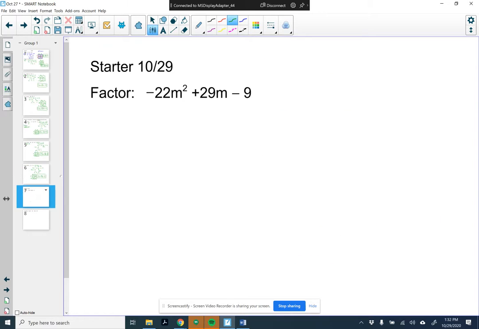Okay, next question. -22m squared plus 29m minus 9. This is what we did on the 28th and the 29th in my classes. All right, so I'm going to notice I have a negative that I'm going to have to pull out. Do I have a greatest common factor that I need to pull out as well? 22m squared, 29m, and 9.